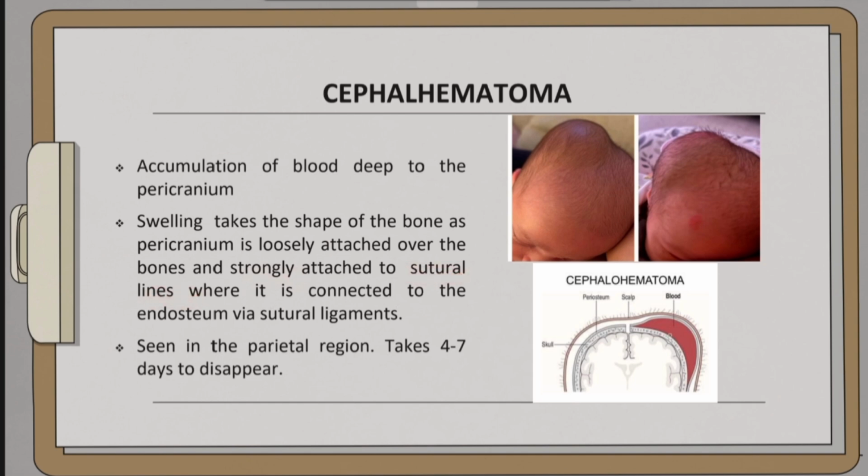If it is a parietal bone, then it takes the shape of this parietal bone, but it does not shift towards the other bone, as the suture lines are strongly attached, and the bleeding is just accumulated below the pericranium. This condition, cephalohematoma, is usually seen in the parietal region, and it is self-resolving. After 4 to 7 days, it might get resolved.